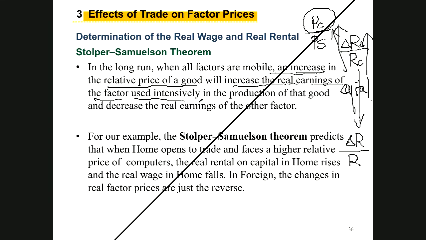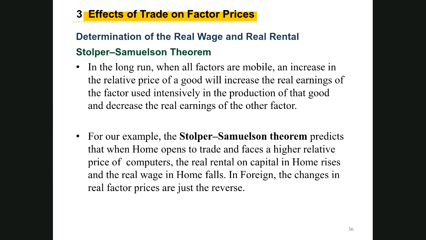So we no longer need to separate R in S. On the other hand, if the relative price of the capital intensive good to the labor intensive good drops, then the return of the capital will decrease even more.